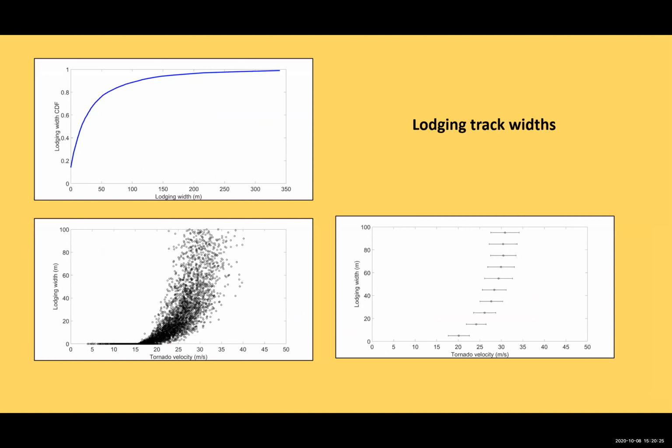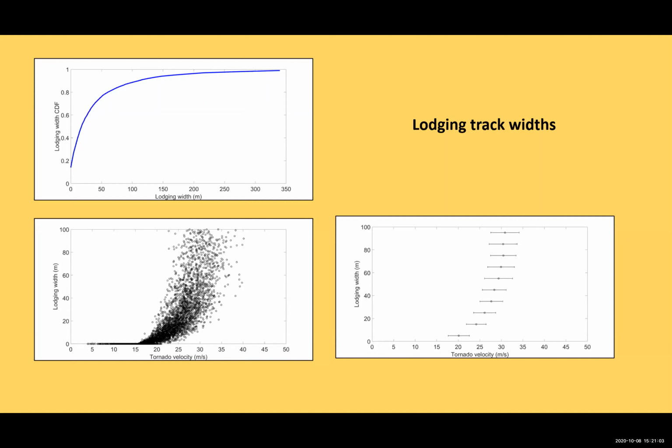Well, we can use that. We can then say, okay, let's do 10,000, 100,000 iterations using a Monte Carlo technique to sample the crop parameters, the wind parameters, and we can predict lodging width against tornado velocity. And we can get a cumulative lodging risk that actually allows us to make some assessment of the risk of crops blowing over, and also some idea of how lodging width varies with tornado velocity, which might be useful for the sort of work Greg and others have been talking about.